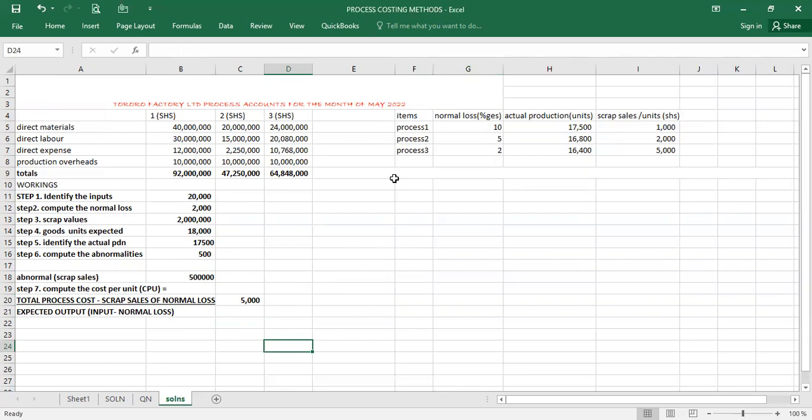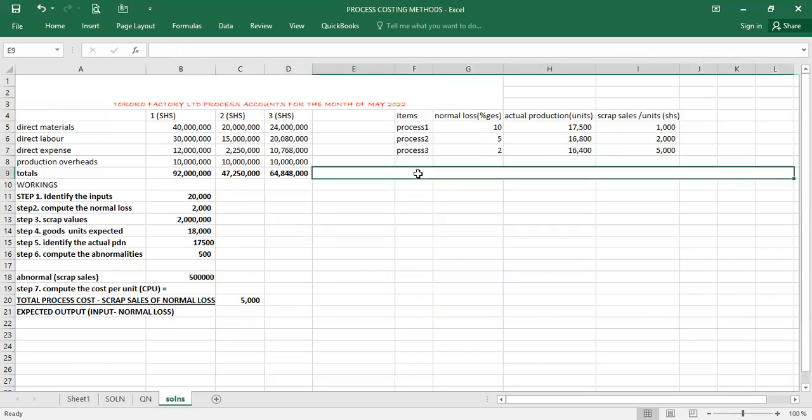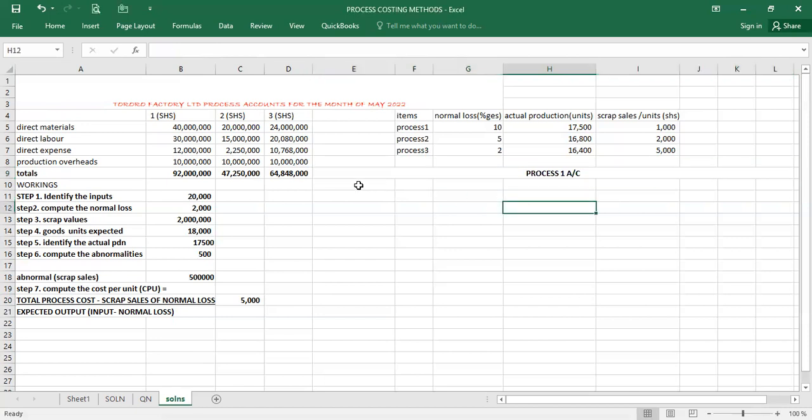Then we go and put our account. We put our process 1 account, and we put our particulars here. Then we put our units.